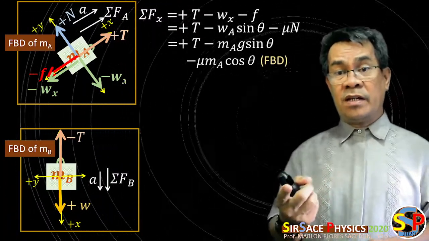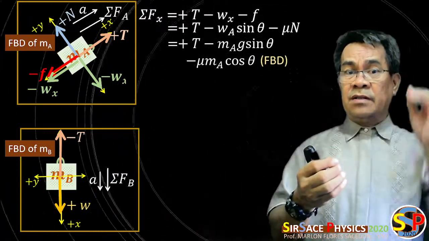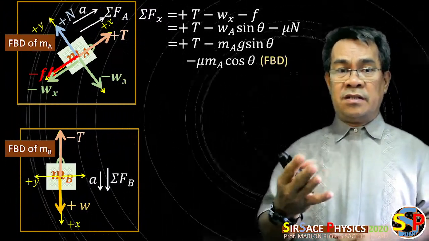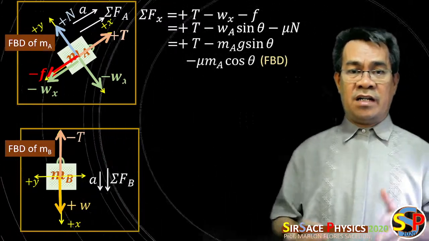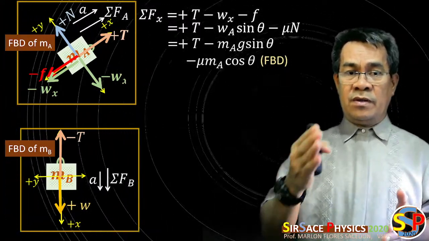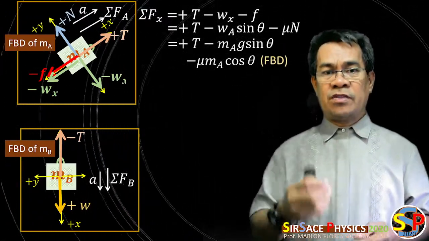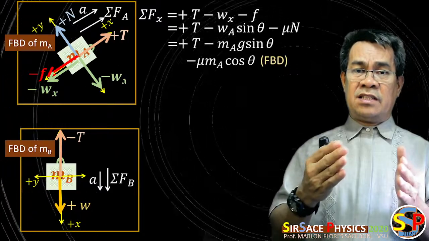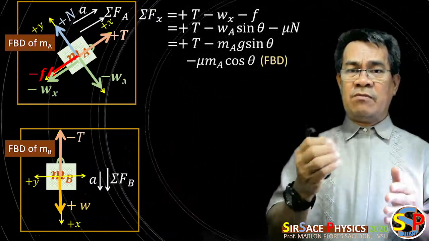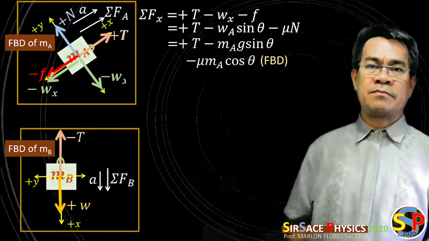But Wy, remember in our previous slide, is mg cosine theta. So kindly add mu ma times the gravitational acceleration multiplied by the cosine of theta, and that is the net force, or the sum of all forces along X from the free body diagram.